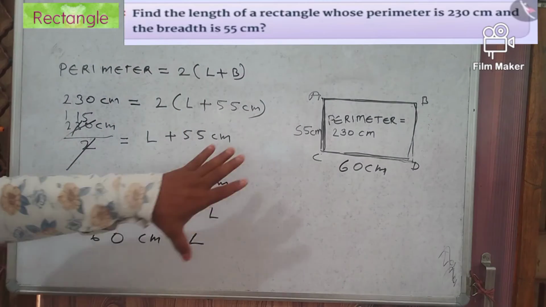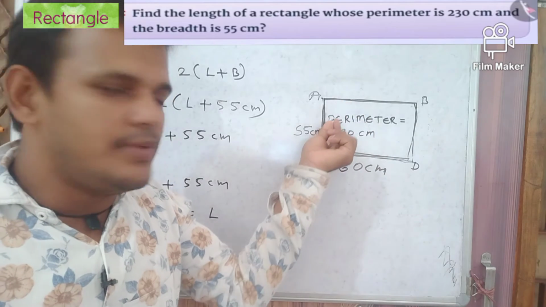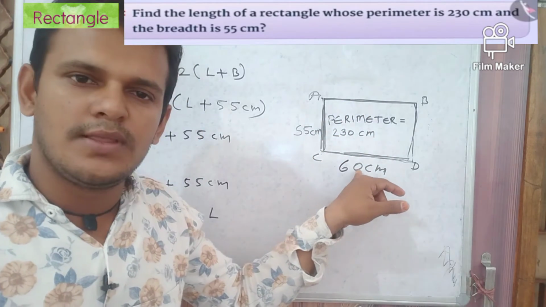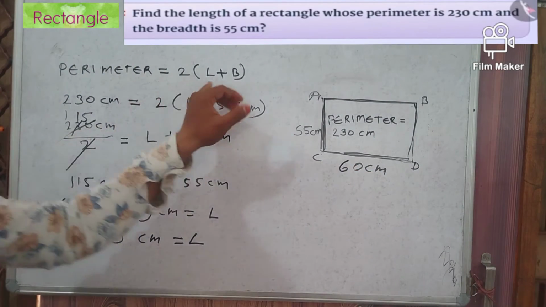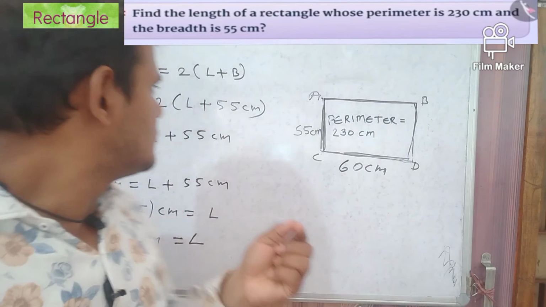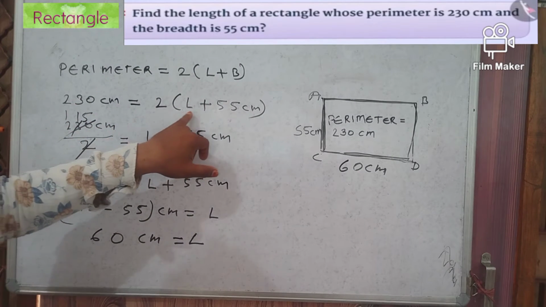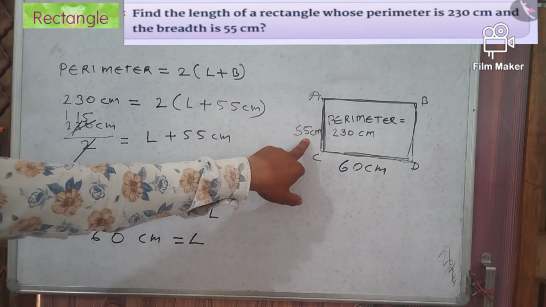See here, the rectangle perimeter is 230 centimeter, breadth is 55 centimeter. Our target is to find the length. So perimeter is equal to 2 into (L plus B). Formula: 230 centimeter is equal to 2 into (L plus 55 centimeter). Breadth is given as 55 centimeter.